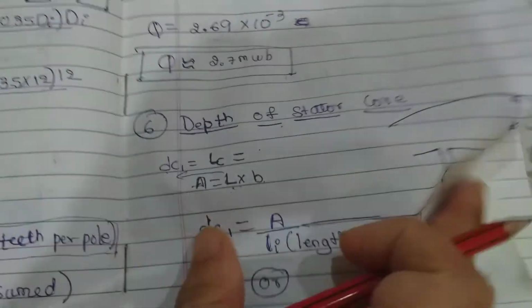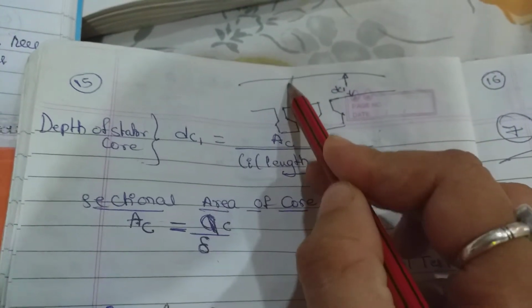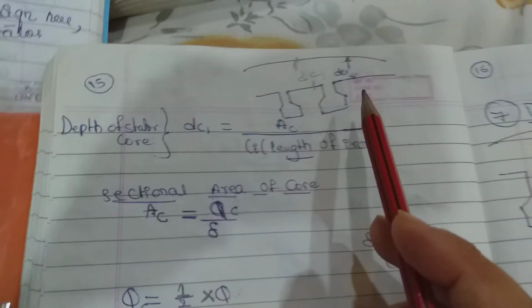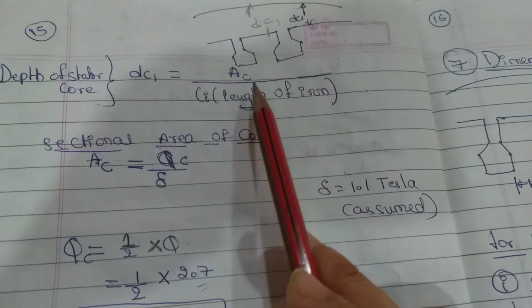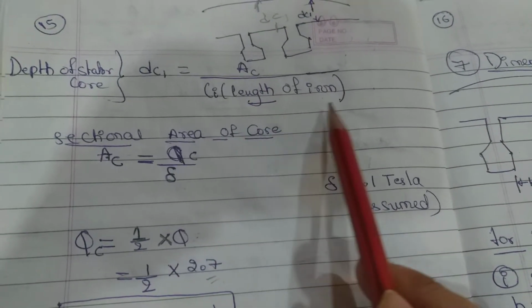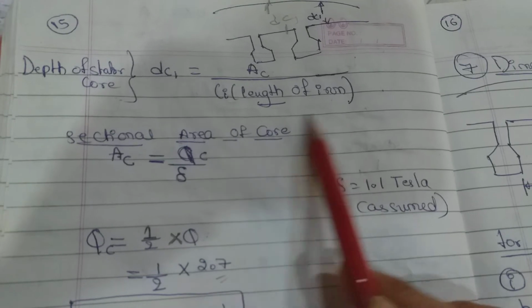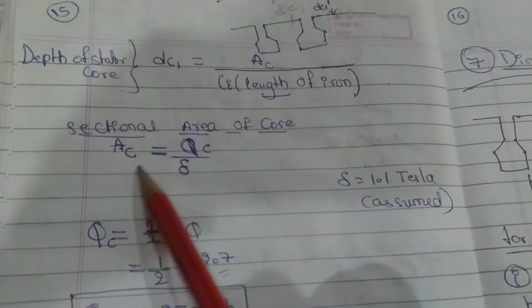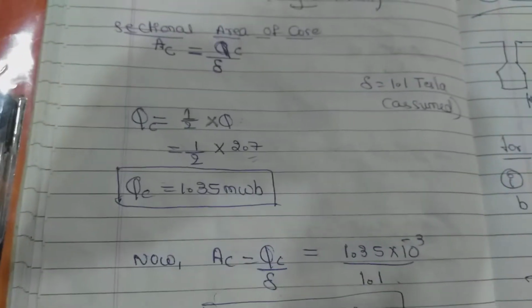The depth of the stator core, that is this part, DC1. Depth of the stator core DC1 is equal to AC divided by Li, the length of the iron. The length of the iron we have just calculated, now we only need to find AC. AC is equal to phi C divided by delta.